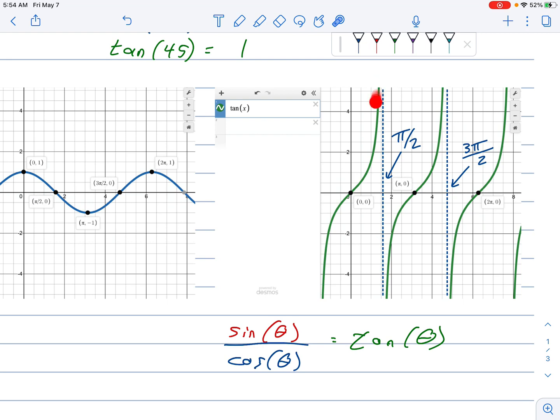At pi over 2 there is an asymptote in tangent because cosine is 0 at pi over 2, or 90. At 3 pi over 2, cosine is 0. There's another asymptote. I put these in blue to help show that's because of cosine.